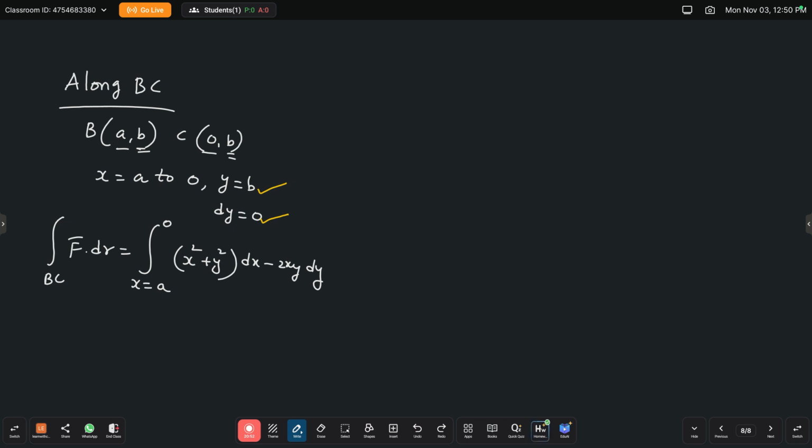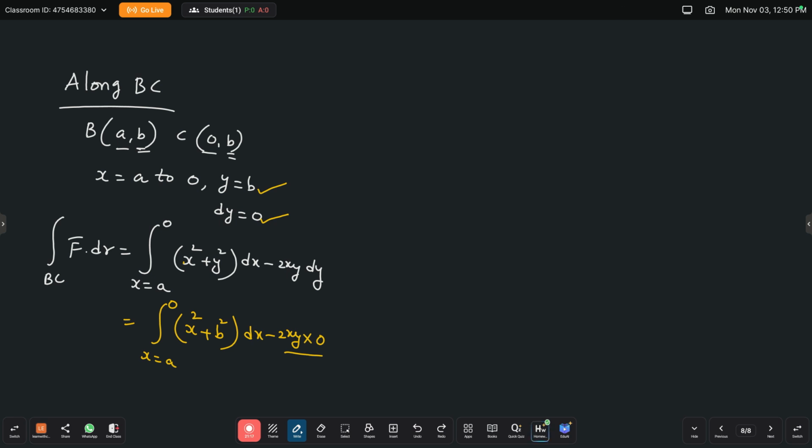So replace here: x from a to 0, x square plus, what is y here? b, right? b square, with respect to dx, minus 2xy times dy, and dy is again 0. So this term gets cancelled. We have to integrate with respect to x.